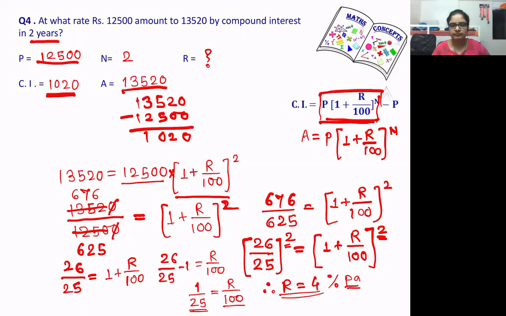Did everyone understand this? Yes, ma'am. Ayush, Khadija, Soham, Sriraj, did you understand this? Yes, understood. Any doubts? No, ma'am. Did you write down the example and answer?